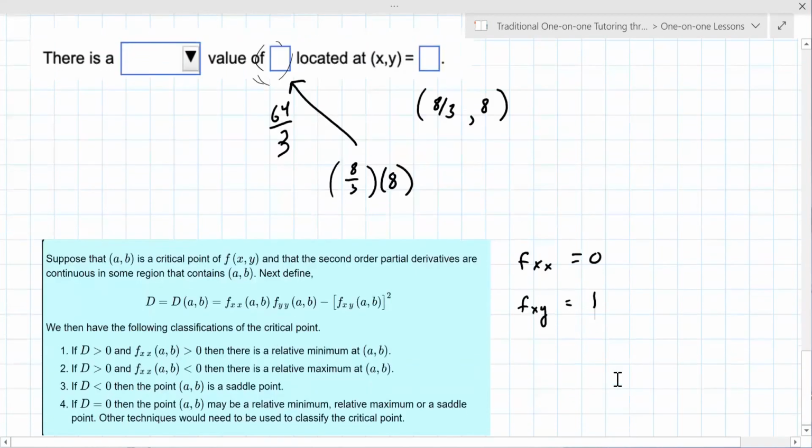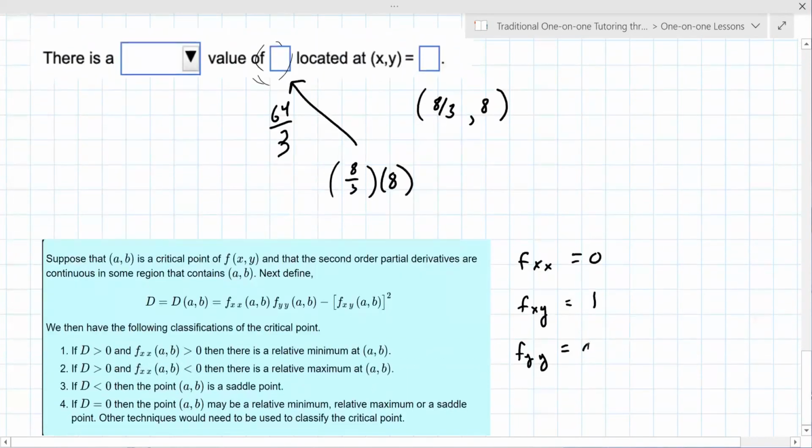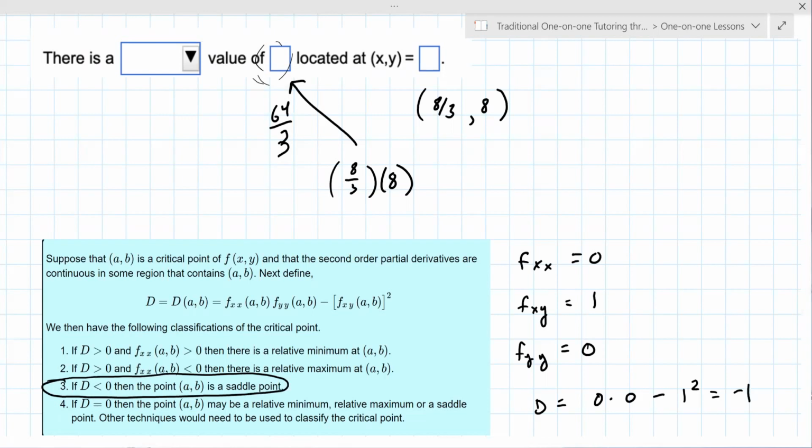And then we needed fyy. Fyy is the derivative of this line right here with respect to y. That's also 0. So our d is 0 times 0 minus 1 squared. So it's -1. It's less than 0. So it's a saddle point.